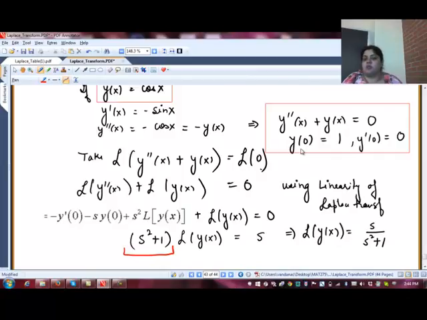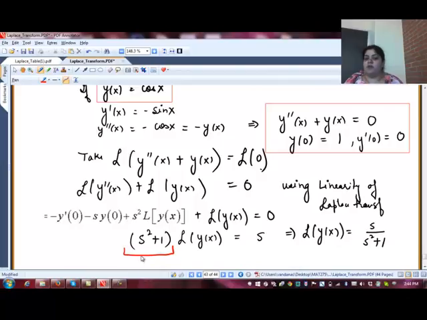What is the characteristic polynomial of this differential equation? That's exactly what you will get every single time. The coefficient of the Laplace transform of y x will be nothing but the characteristic polynomial of that particular differential equation.